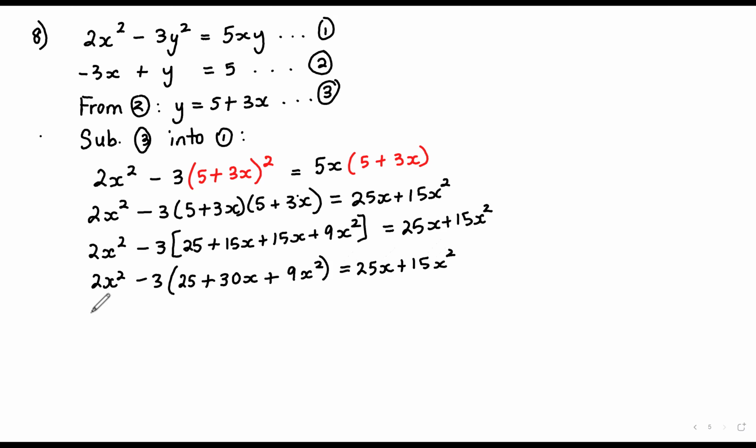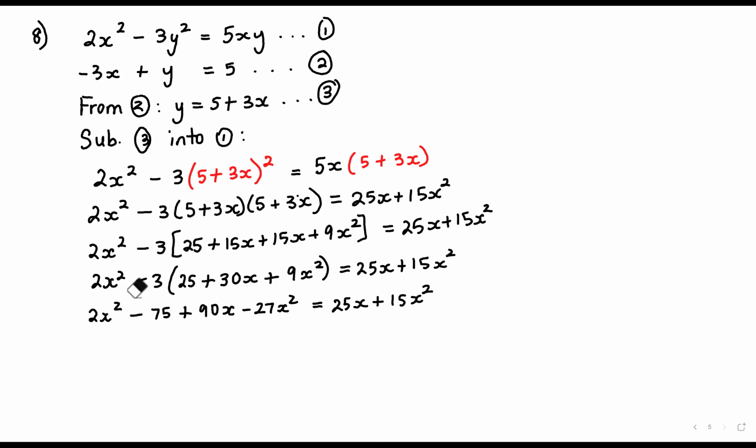Now I remove the brackets by multiplying this 3 throughout. So this would be 3 times 25, which is 75. 3 times 30x is 90x. And then minus 3 times plus 9x will be minus 27x squared. Is equal to 25x plus 15x squared. All right, let's see. So I could simplify the left-hand side even further.